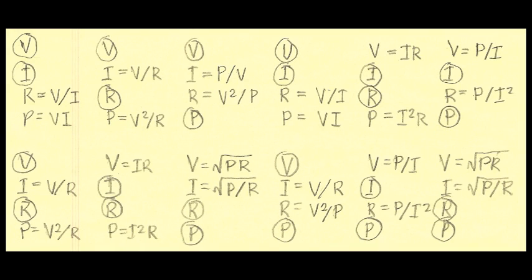Let's say we know R and I. Let's see, where is that one in here? Yeah, it's almost the first one to the last there on the top column. So the known values would be R and I, and then you know that R and I are going to be used in both formulas for solving for the V and the P. So that's really the trick to using Ohm's law.